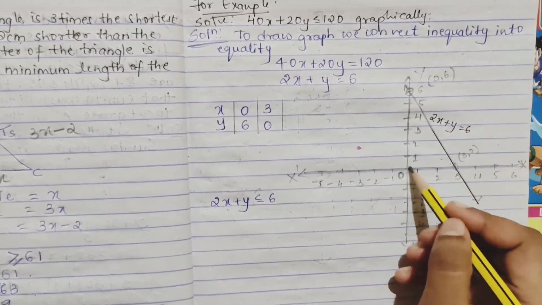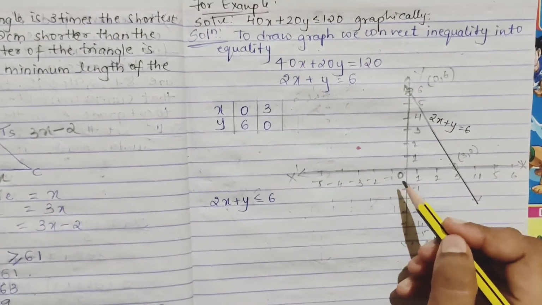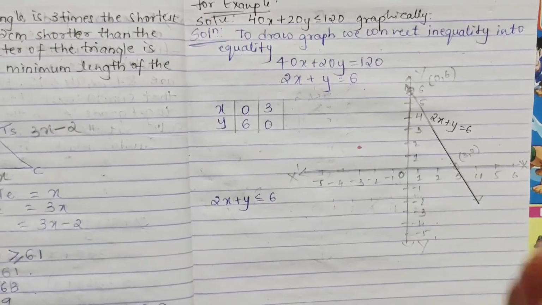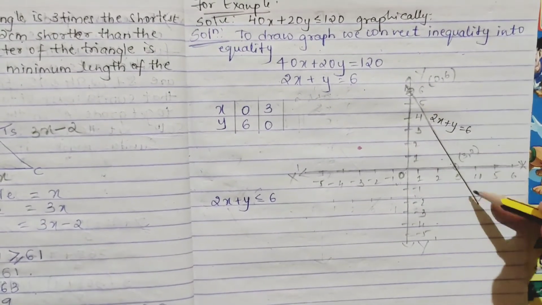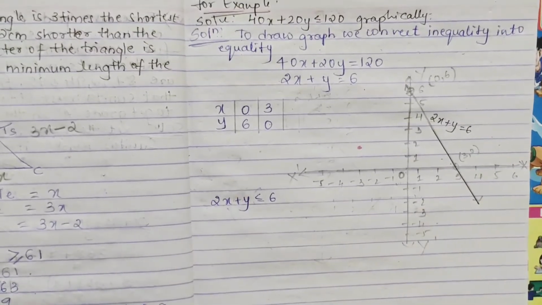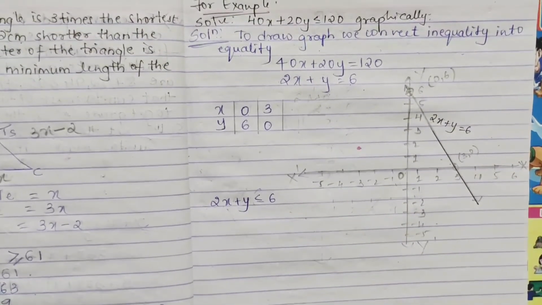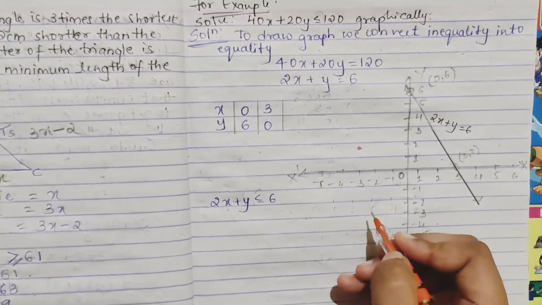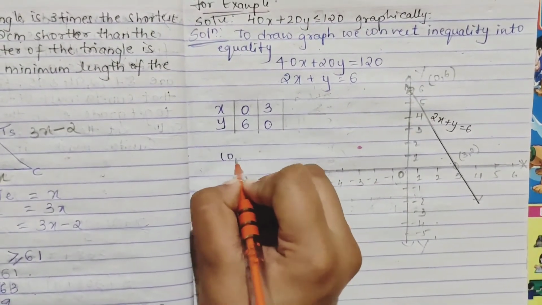So that time you can't take 0, 0 as your point. So you should just remember which point is not lying on this line. You have to take that point and verify it.